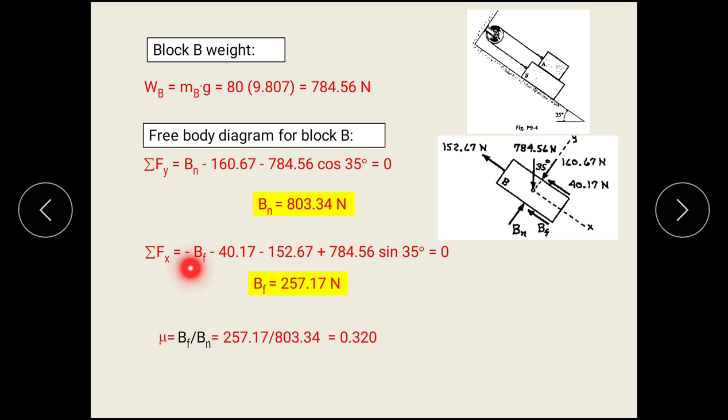Summation of forces acting in the x direction gives BF, 257.17 Newton. So we need to substitute all the values in the x direction and y direction individually to get the different answers BN and BF. So the coefficient of friction between block B and the inclined surface is BF by BN, that will give you 0.320.